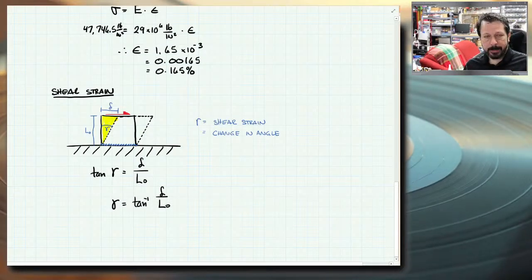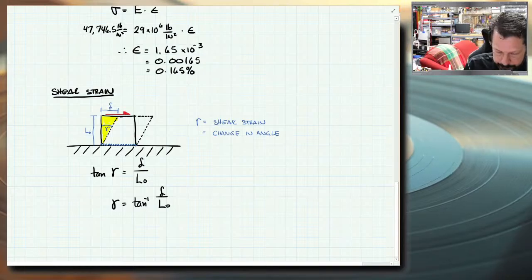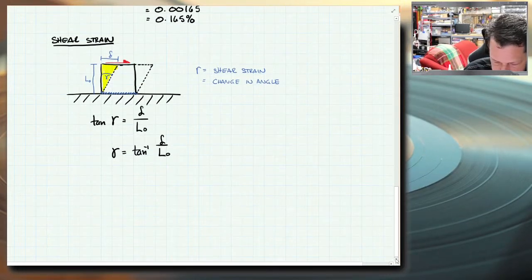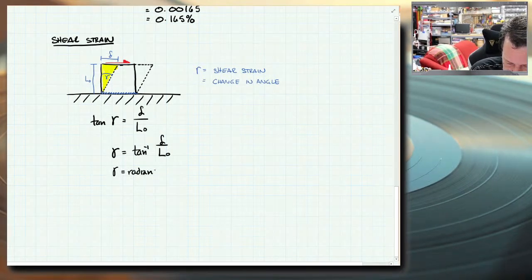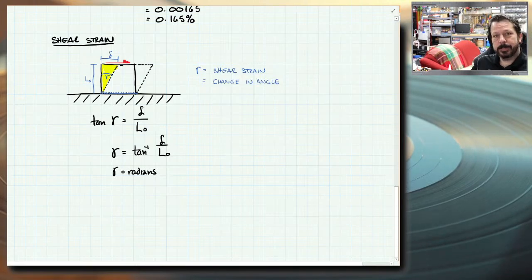Now, gamma is going to be measured in radians. And whenever you have really small angles measured in radians and you take the tangent of that small angle, it's the same number.